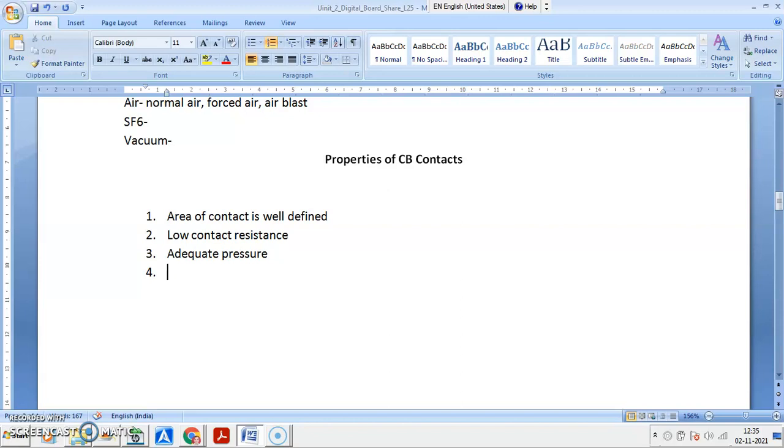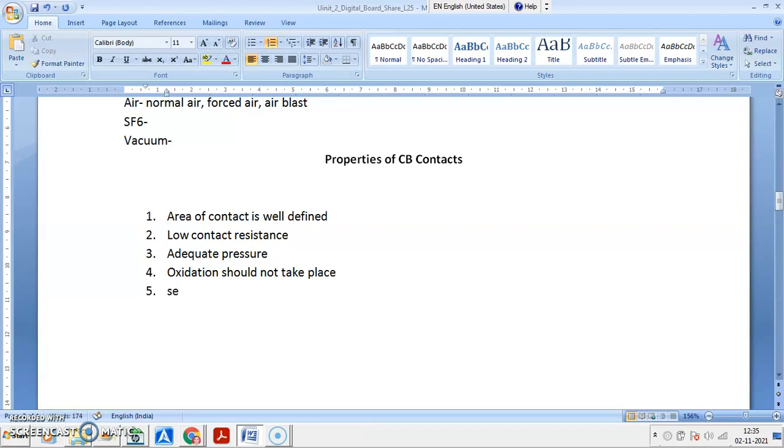Contact material should not get oxidized. Oxidation should not take place.